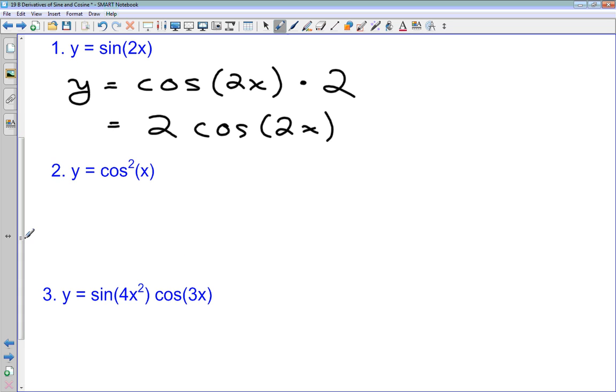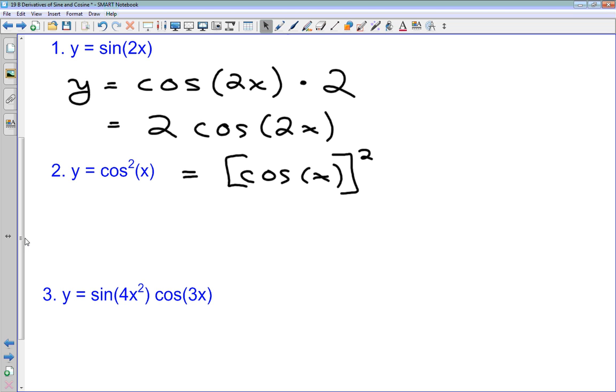Next example, we've got y equals cos squared x. Now, the squared here is on the cosine function. So when you see the squared on the cosine function, you want to interpret this as cosine of x, the entire thing squared. So that entire cosine function is being squared.